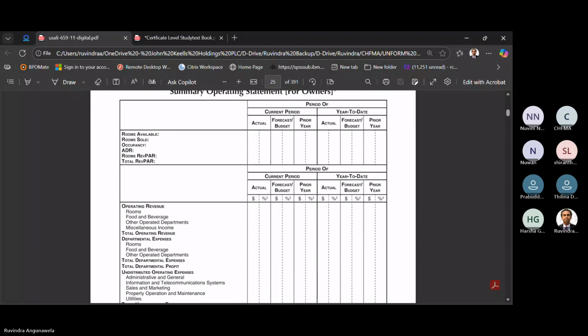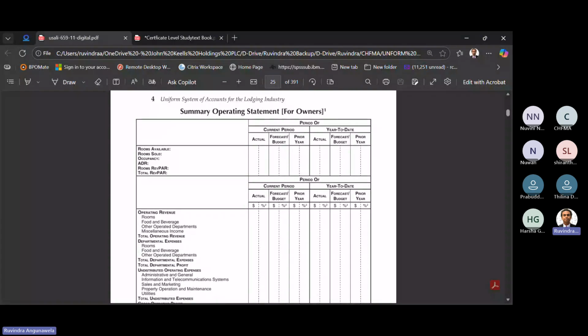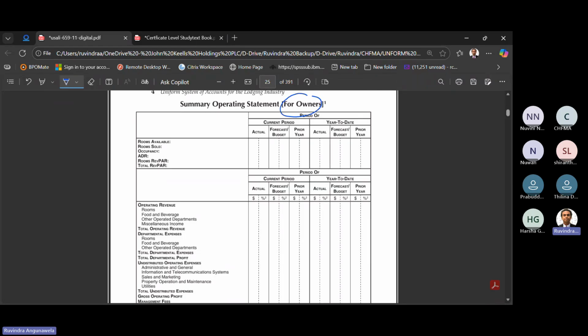Right. Here we go. What we are going to refer to in our studies is the summary operating statement, and it says for owners, right? Don't get too complicated here. I don't want to complicate life too much. There are two statements, for owners and for operators, right?